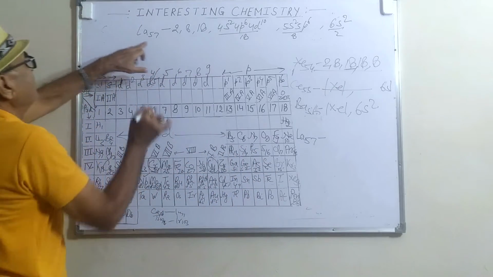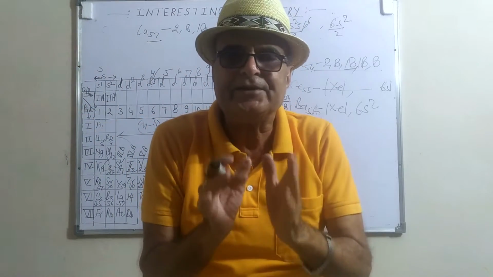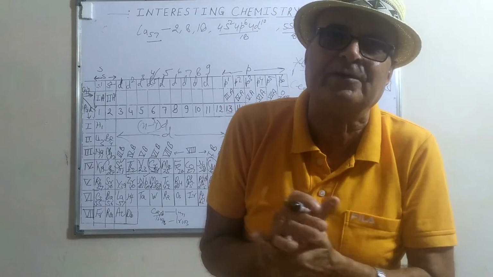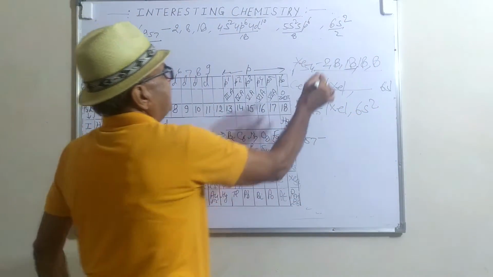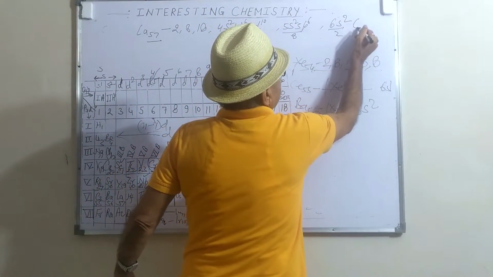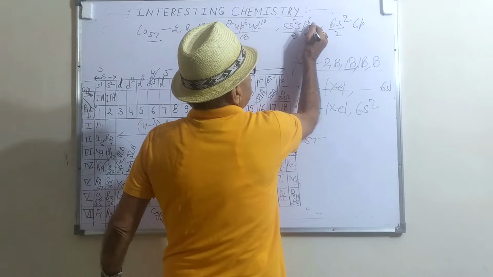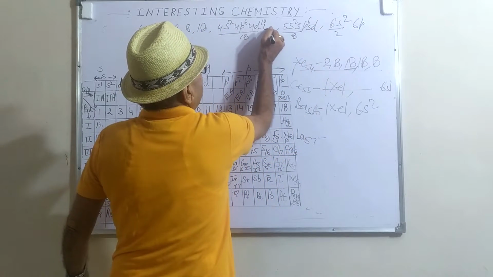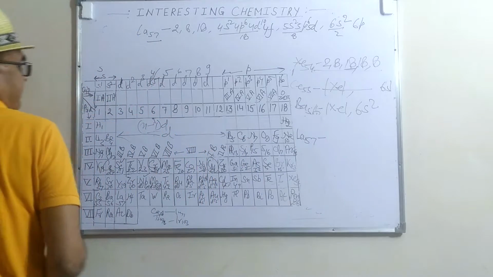Now lanthanum: you have to decide about the entering of the 57th electron. The possibilities are 6p, 5d and 4f. So there are three orbitals.